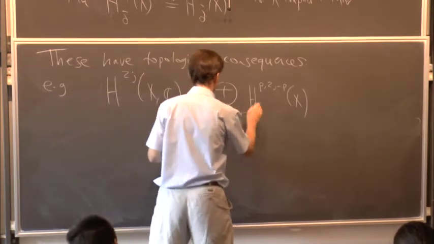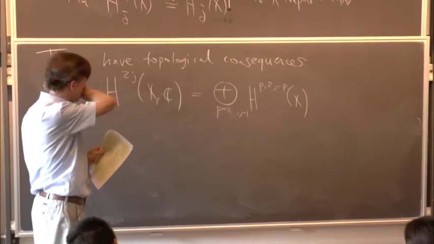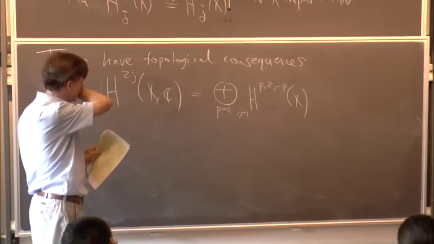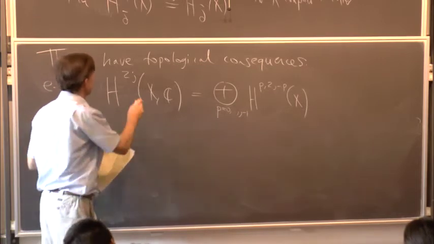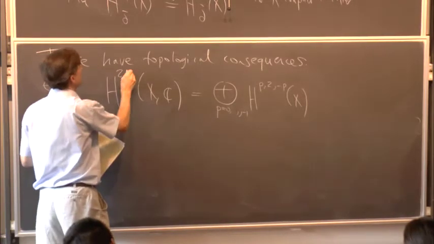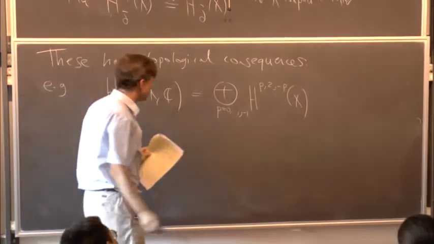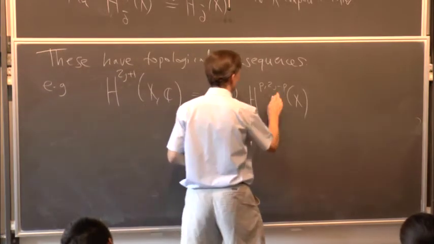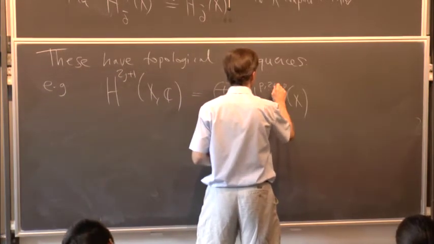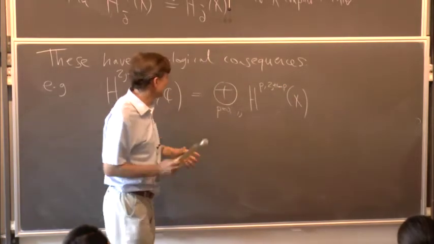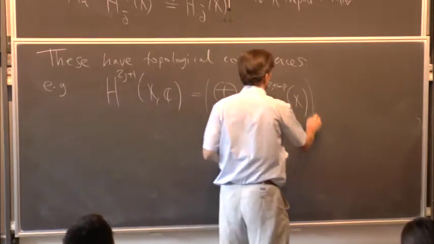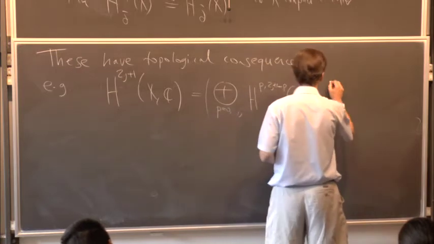Now let's say j minus 1. Have I done something awful? No, sorry, I'm going to take 2j plus 1 here, going up to j, with H^{p,2j+1-p}. So I'm taking the first half of the direct sum.